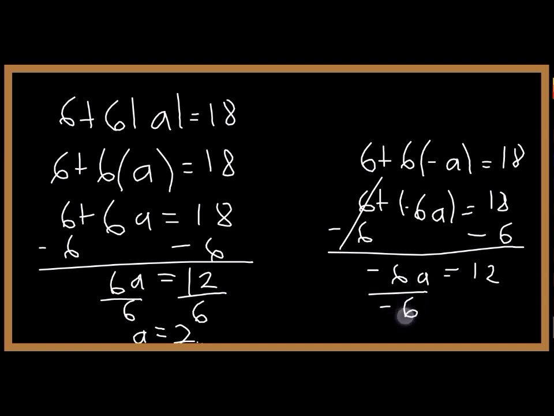Let's divide both sides by negative 6, and the remaining is a is equal to negative 2. So our answer is 2 and negative 2.